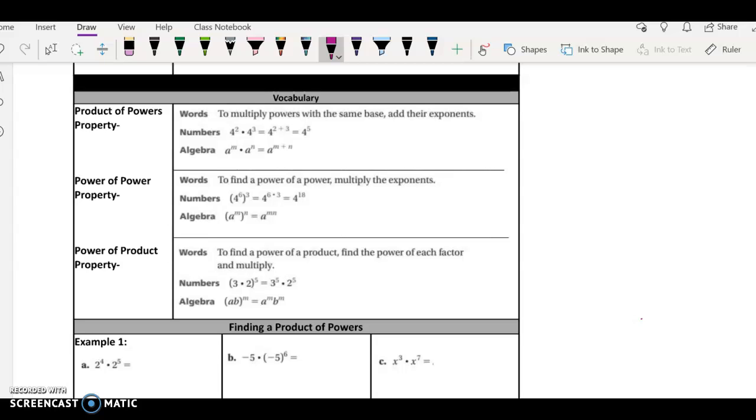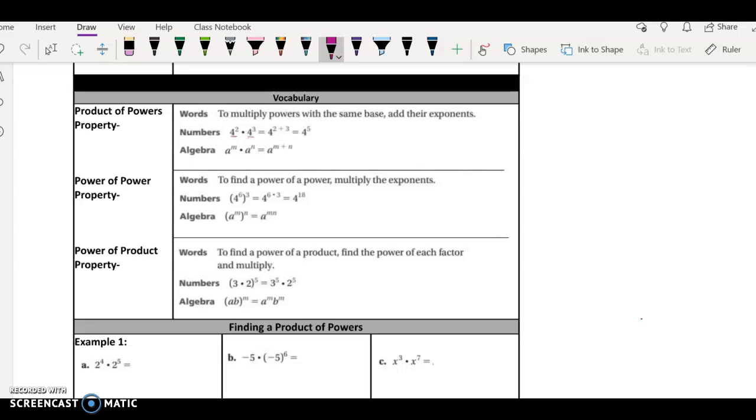Okay, so product of powers property is when we multiply powers with the same base and we add their exponents. So anytime we are multiplying two numbers that have the same base, so these both have a base of 4, we take their exponents and we just add them together.